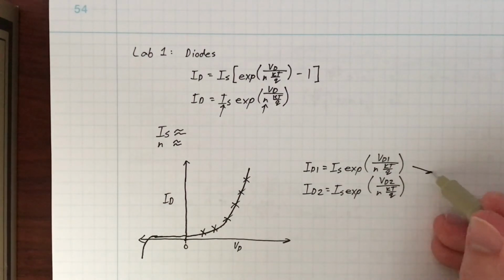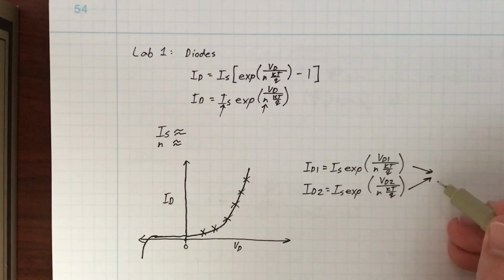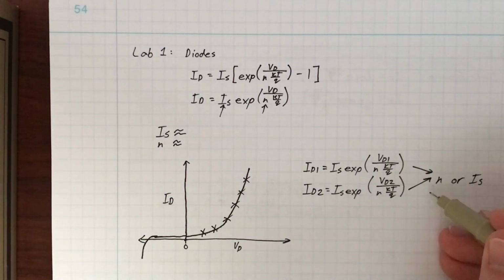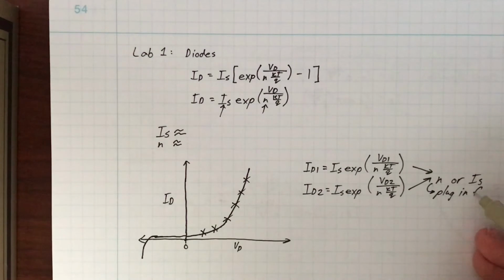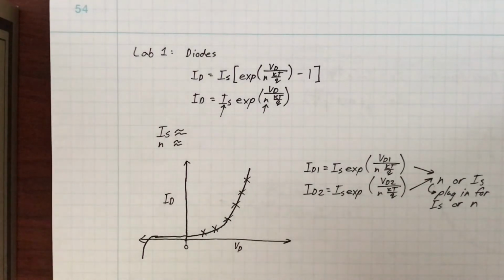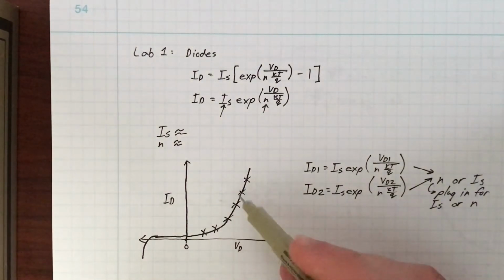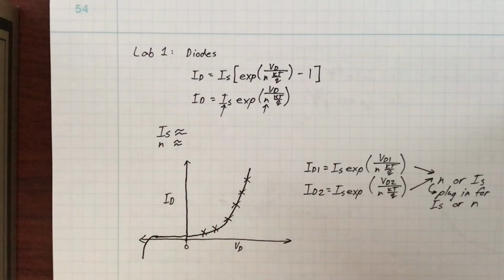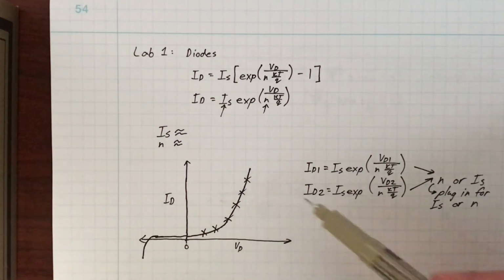You could solve those for either N or IS and then plug back in for the other one. So that would be one way to do it, just involving 2 data points. Because you're only using 2 data points, this might not be super accurate.